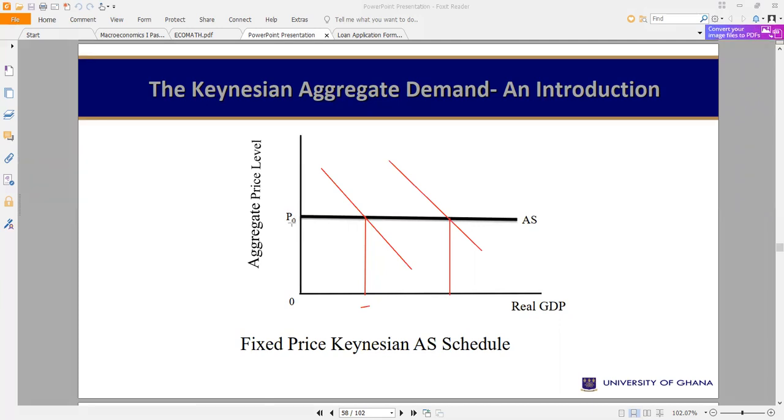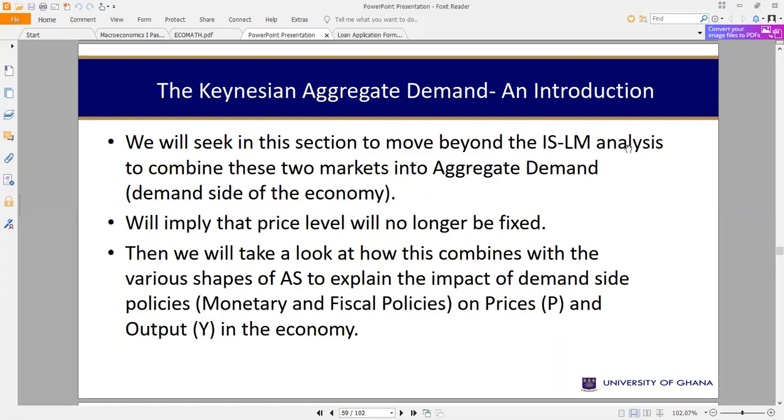But what if we now allow price to vary? If price is not constant, then what is going to happen to the AS schedule? That is what we want to look at now. Okay. Right. So we will have to derive the aggregate demand curve or schedule.